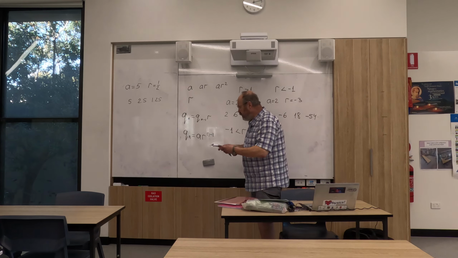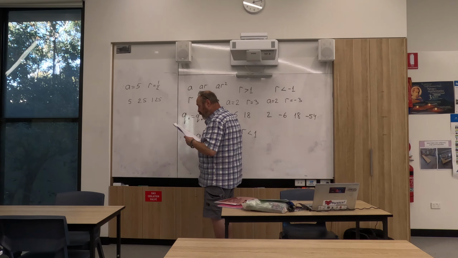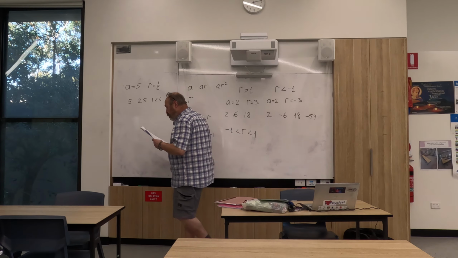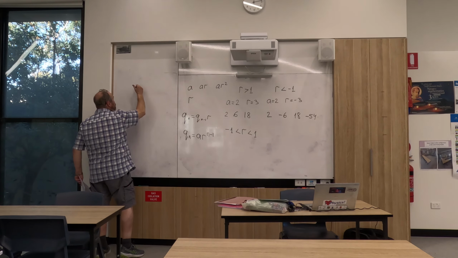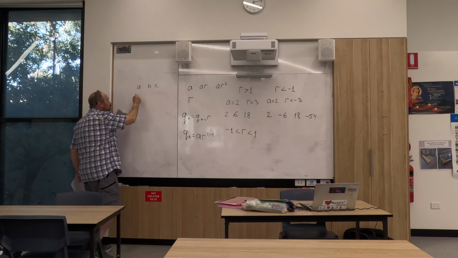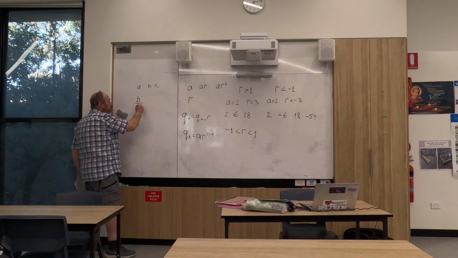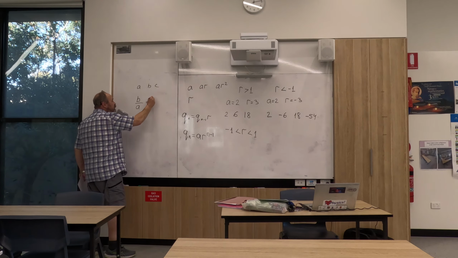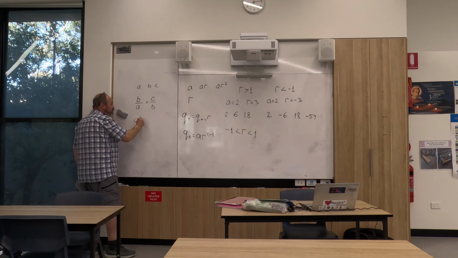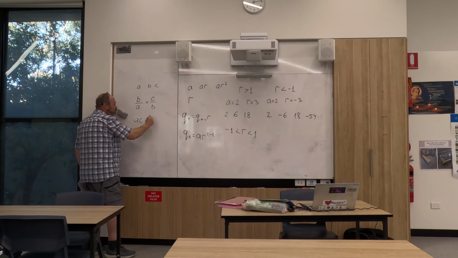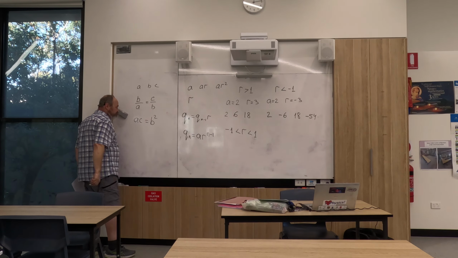So if we have, for example, 3 consecutive numbers of a geometric sequence, A, B, and C. B over A, because it's the common ratio in the geometric sequence, will be equal to C divided by B. So we'll get AC equals B squared.